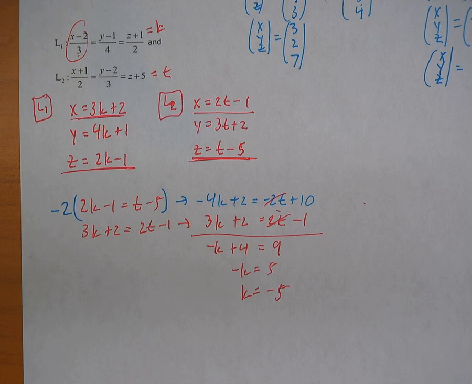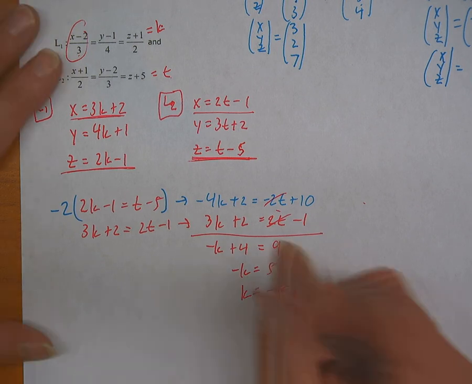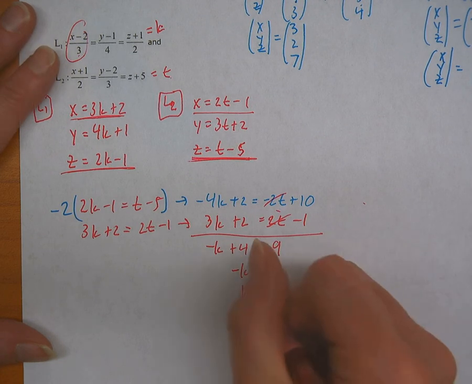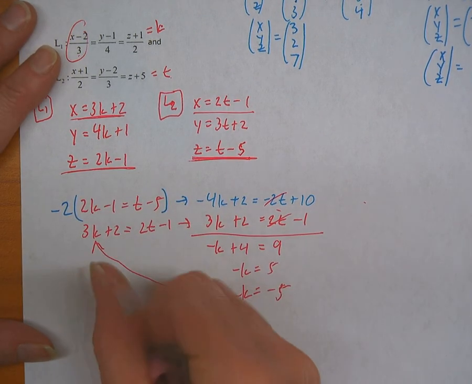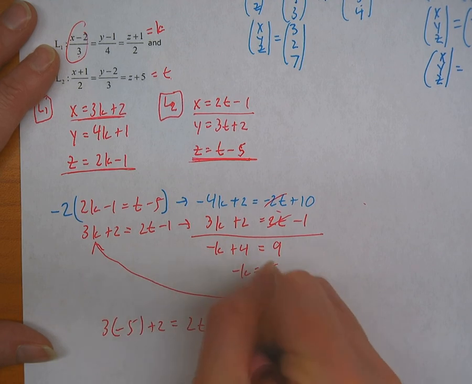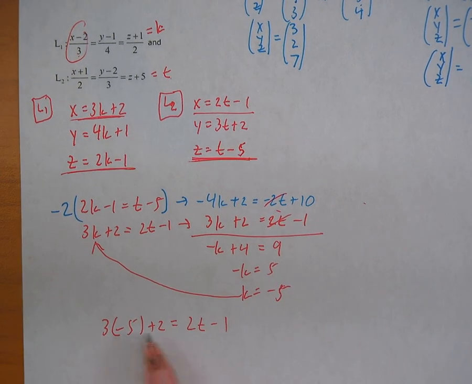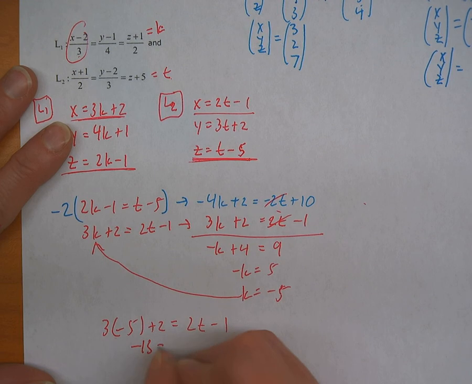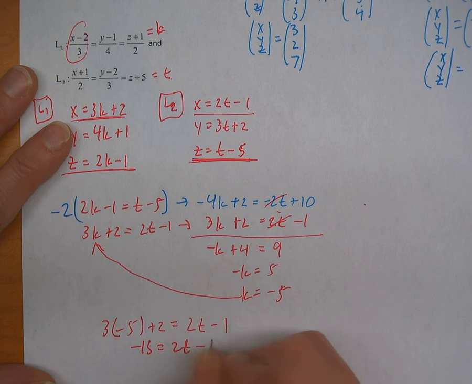And then we'll plug in K to figure out T. I'm one step ahead of myself. So I'll get negative 15 plus 2, so negative 13. So negative 12 when I add. So T is negative 6.